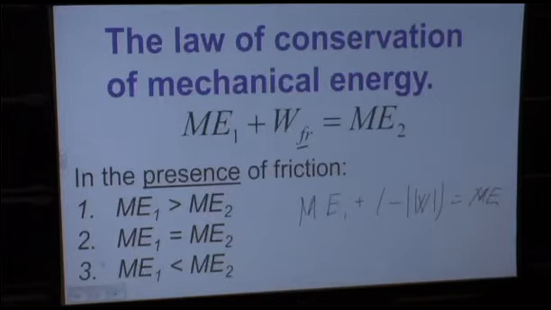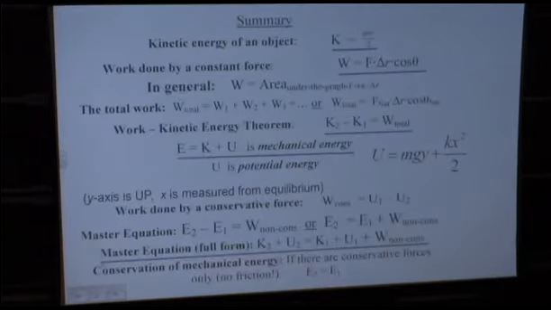So we are adding a negative number. The work done by friction is equal to -1 times the magnitude of the work done by friction. That's what a negative number means. So friction always decreases the mechanical energy of the system. And now we've learned everything. So what's left?